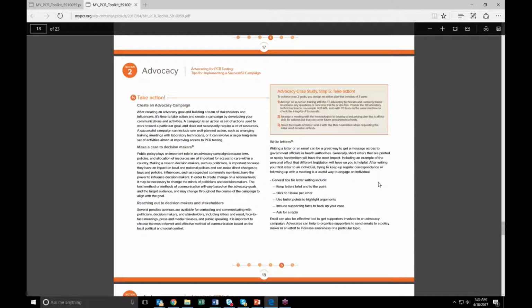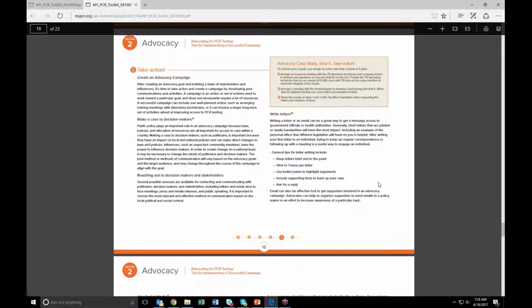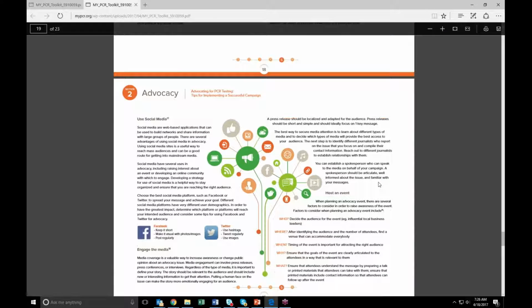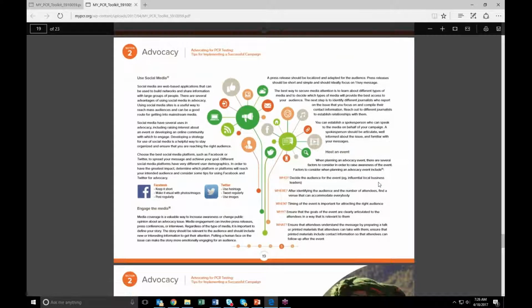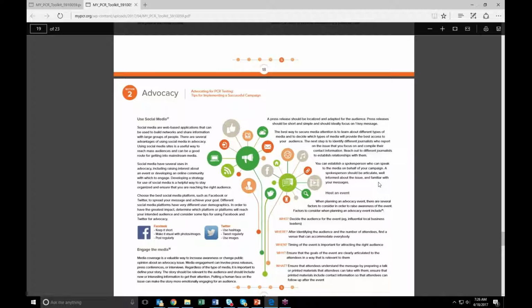We have focused on social media in the next page, but we didn't want to overlook the potential use of writing letters. Snail mail still has a role in advocacy, and that should not be overlooked. And that's particularly important in some of the settings in which a PCR campaign is taking place.